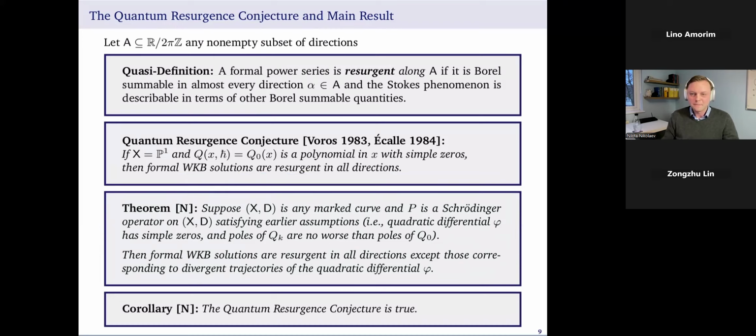Yeah. I guess one thing to say is that in the theorem there's a clause that it's resurgent in all directions except those which correspond to divergent trajectories. So part of the proof of the corollary is the observation that if the quadratic differential is a polynomial in the x variable, as in the quantum resurgence conjecture, then there are no divergent trajectories in all directions. Thanks. Yes.